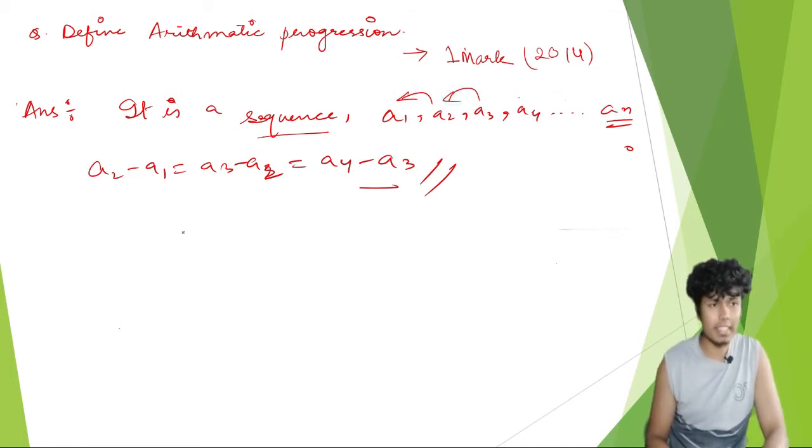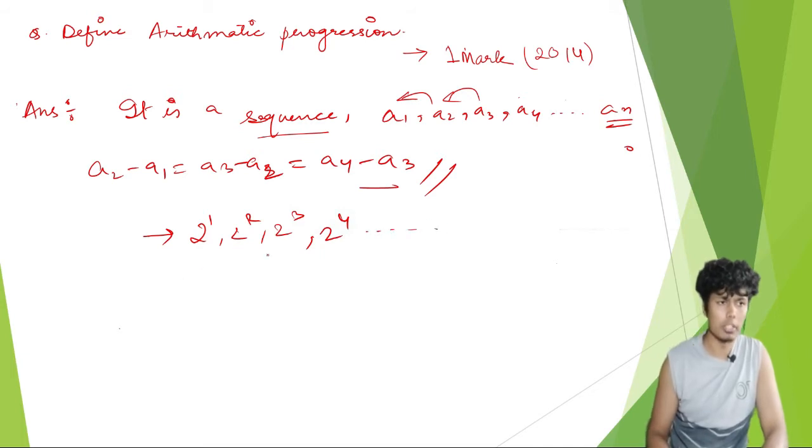Before, we have taken an example, so let us check it out. Let us check 2 to the power 1, 2 square, 2 cube, 2 to the power 4, which we can write as 2, 4, 8, 16, and so on.